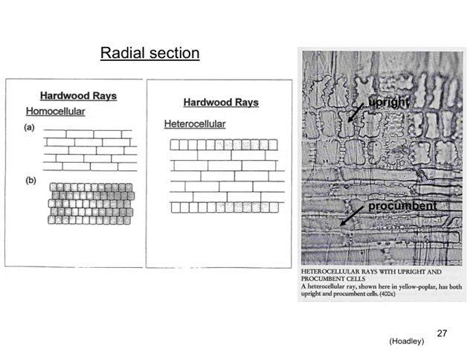Now, let's take a closer look at the radial section, which is crucial for understanding the structural differences in plant stems. Here, we see two main types, upright and procumbent. Upright stems grow vertically, allowing them to reach toward the light, while procumbent stems lie flat or spread along the ground. Recognizing these growth forms helps us understand how plants adapt to their environments. The radial section, as shown here, provides a cross-sectional view of the stem, and it's a valuable way to observe the internal arrangement of tissues.